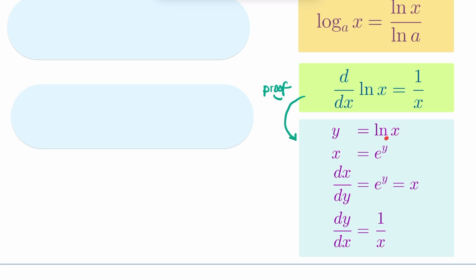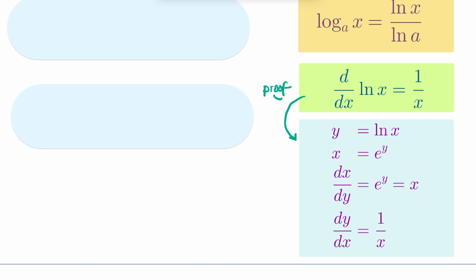So it's e, which is your base, to the power y. So these two expressions are equivalent. Now, if you differentiate x with respect to y, so dx by dy, the exponential is unchanged, and e to the y is simply x.